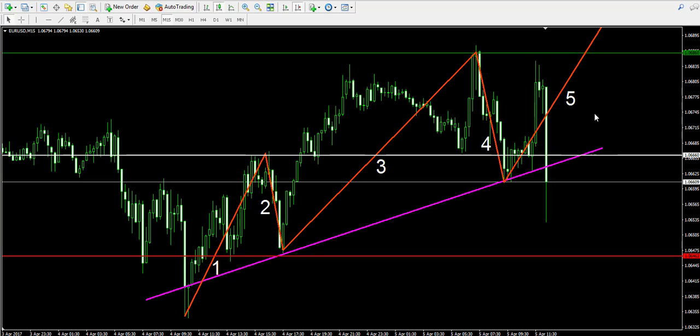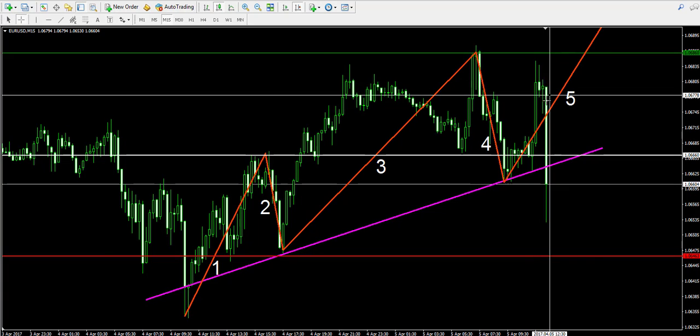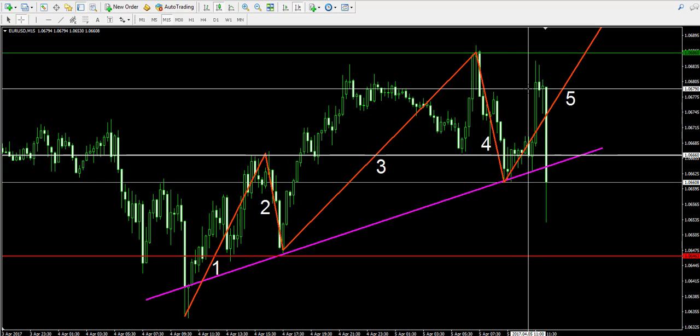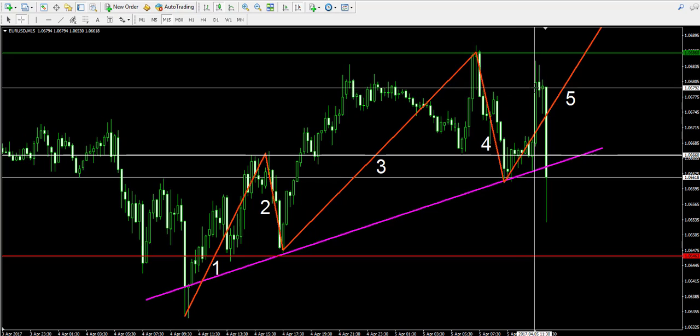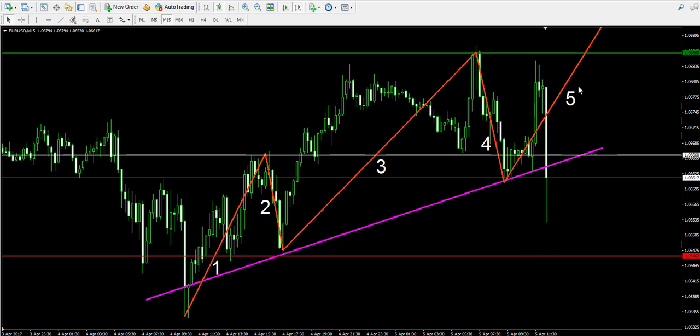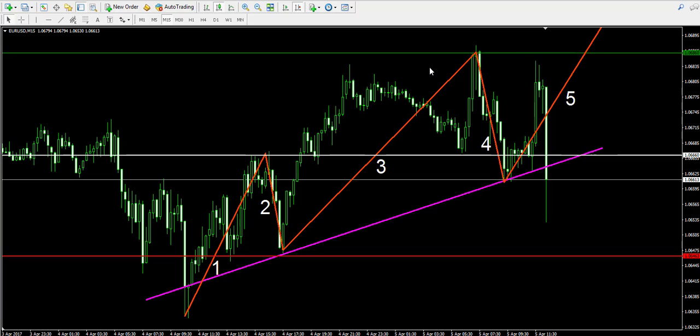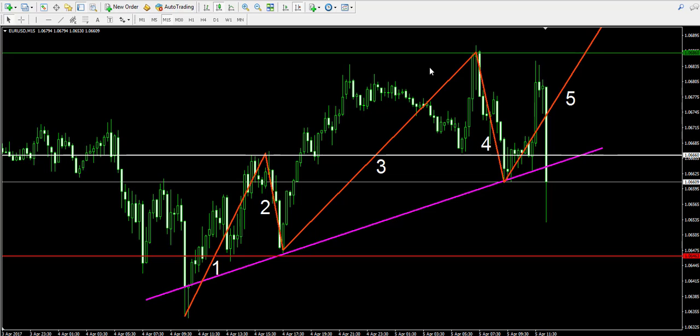Okay guys, I'm back about 30 minutes later to show you what happened on the chart. After the price was consolidating around 1.0677, 78, 79, somewhere in this area, suddenly the price shot down in bearish direction, and this happened due to an outstanding ADP non-farm employment change report coming from the United States.